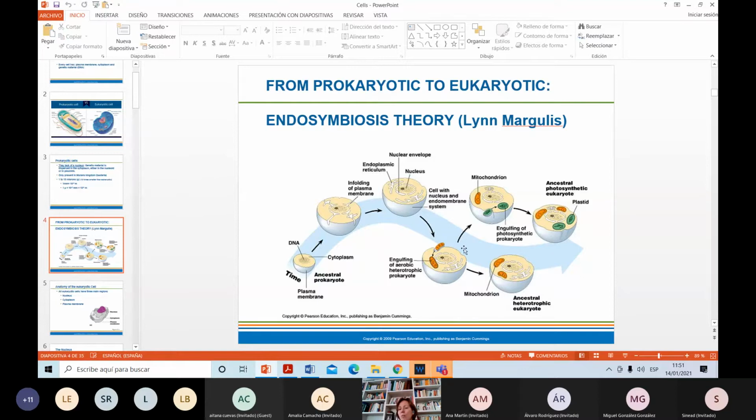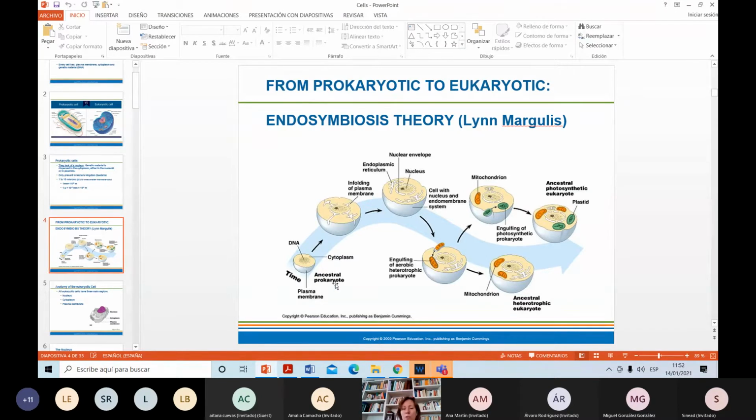What is the origin that she proposed? Something similar. This original cell that was already able to do cellular respiration engulfed one prokaryotic cell that was able to do photosynthesis. Because prokaryotic cells that were able to do photosynthesis appeared before eukaryotic cells that were able to do photosynthesis did.